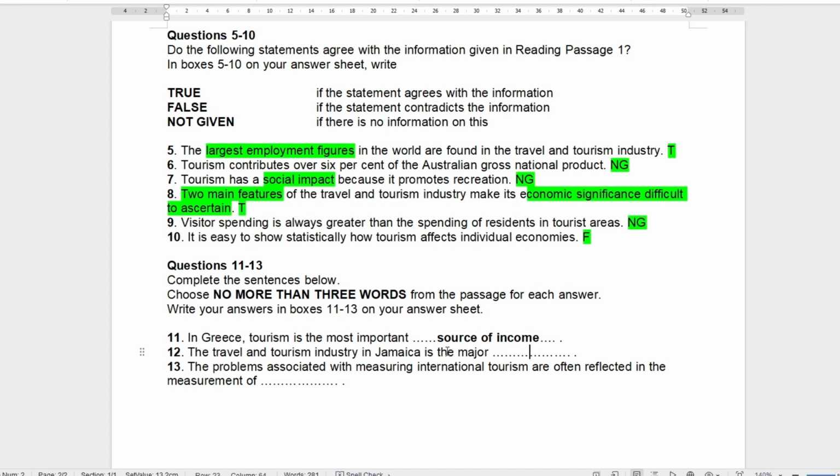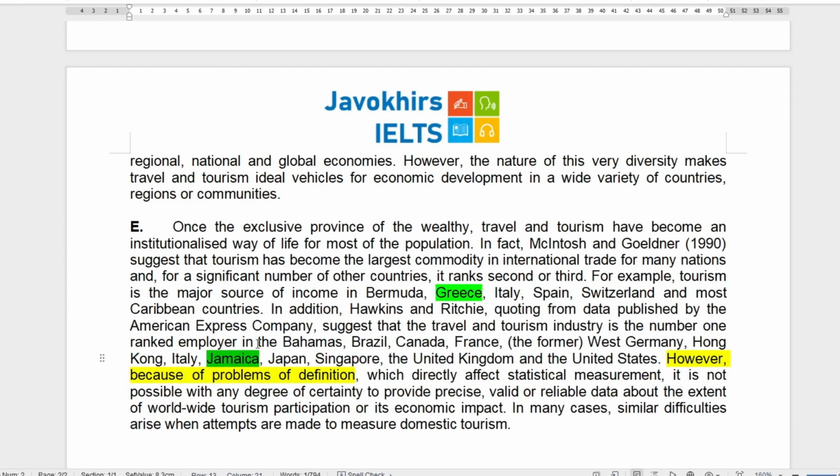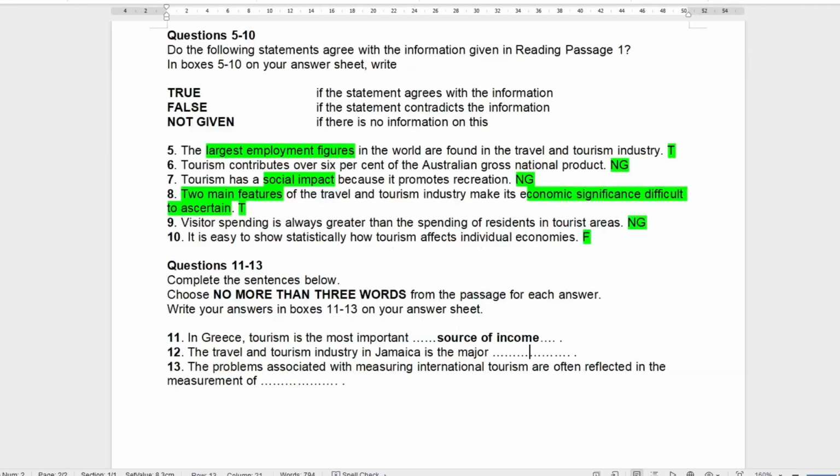What is the answer? Number one major, so like number one major ranked employer, I guess. So I think it's employer. There we go, we have employer.